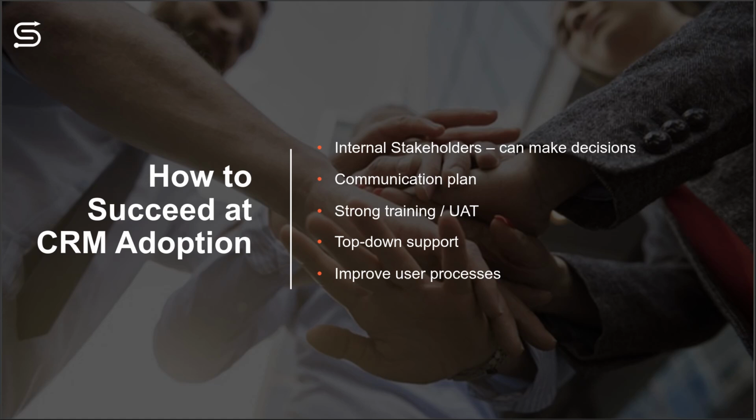And then with UAT, which stands for user acceptance testing, I just want to say that we would do that before we would ever go out to a wider group of users. So that's another way to really succeed: go through that UAT process really strong before you put it in front of the wider group of users for training.